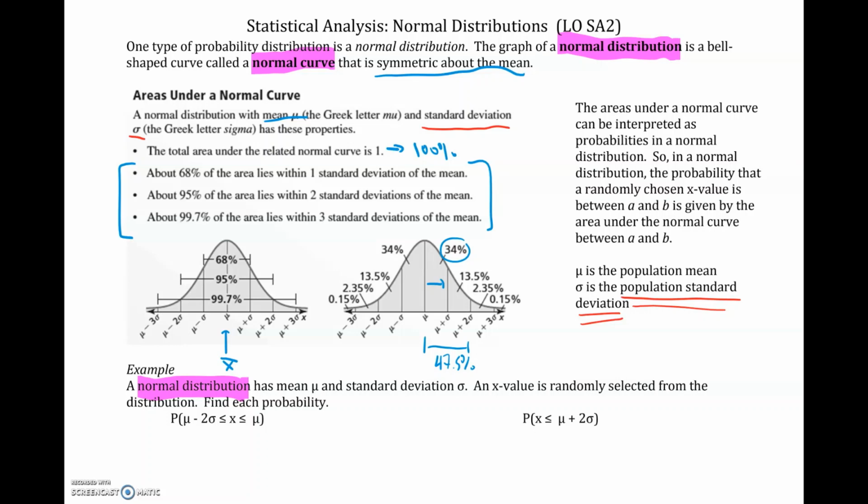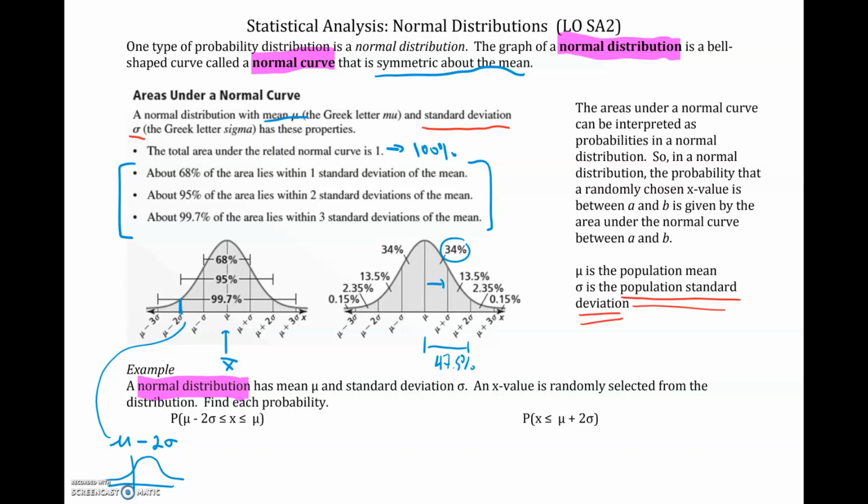This is saying, what is the probability that we are 2 standard deviations to the left of the mean up to the mean, if that makes sense. So what is mu minus 2 sigma? Well, if you look at that from our curve, that is this region right here. So we want to go from that mu minus 2 sigma here.